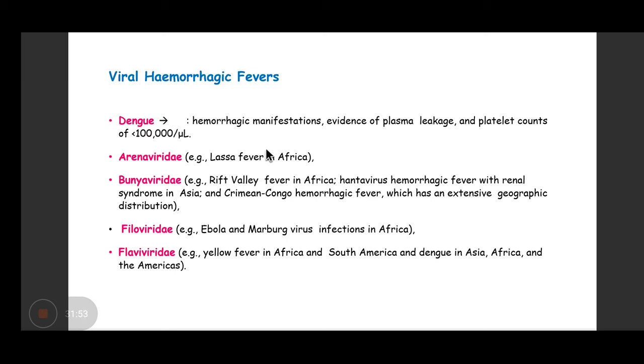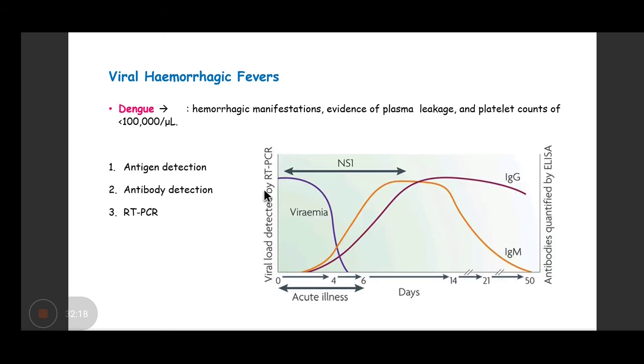And in dengue, it is very important how to choose which test you prescribe, because antigen remains for only 8 to 9 days, and if the patient has come at the 8th or 9th day and you prescribe the antigen detection test, it will come negative.